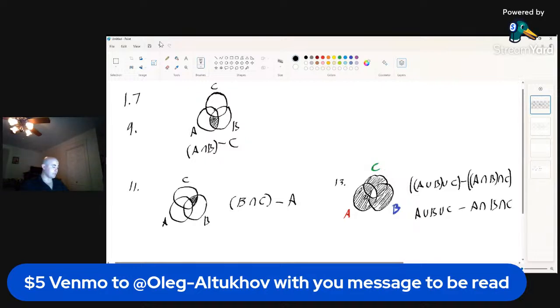Alrighty. That was 1.7. A little wild today, but we got through it. A couple of moments that I did not expect would happen. Okay, I'm just looking at 1.8 right now. Index sets.